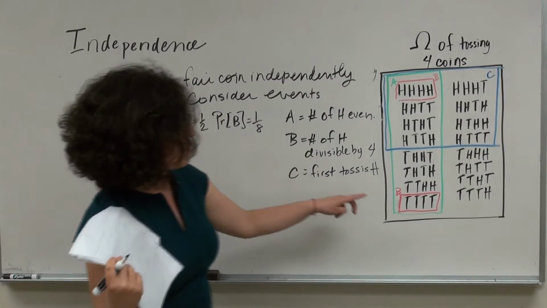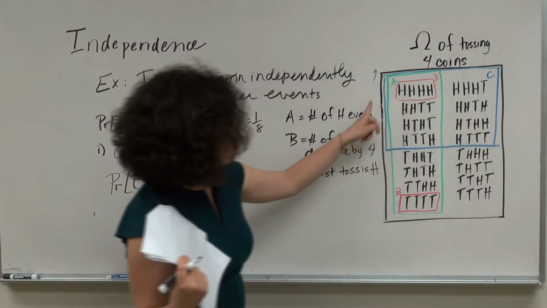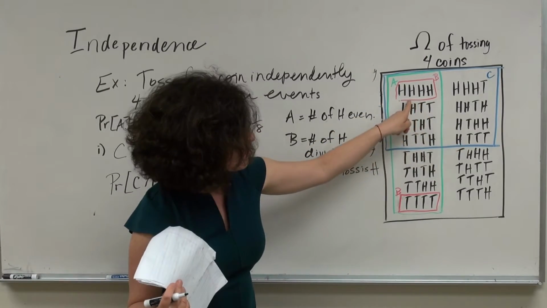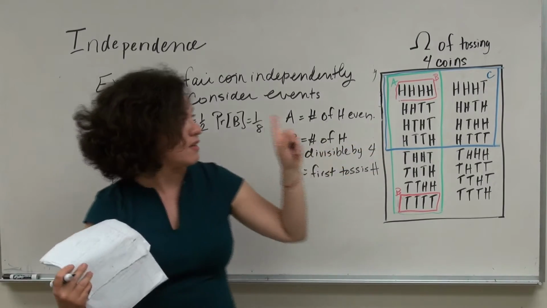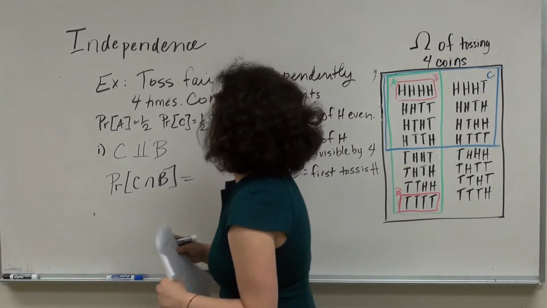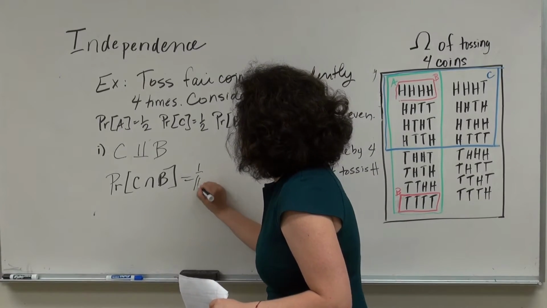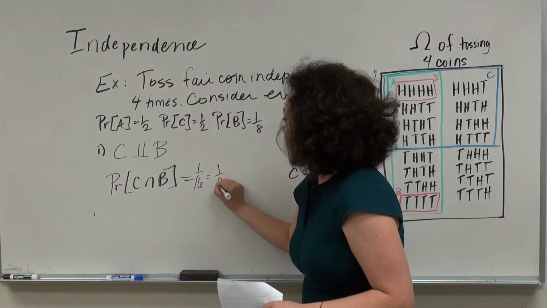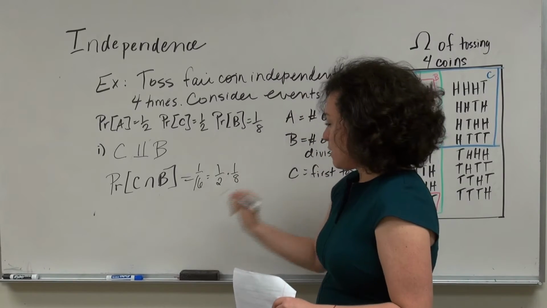So we have the 2 events, B, and then we have C, the blue, and we see that only one of the red outcomes falls within the event C. So that's only 1 point, so that's 1/16. So the probability of C and B is 1/16. And if we look at the probability of C, which is 1/2, and the probability of B, which is 1/8, we see that they're equal.